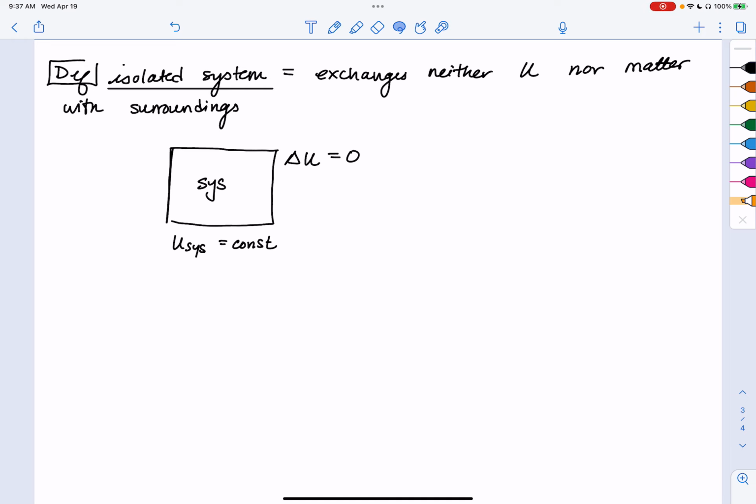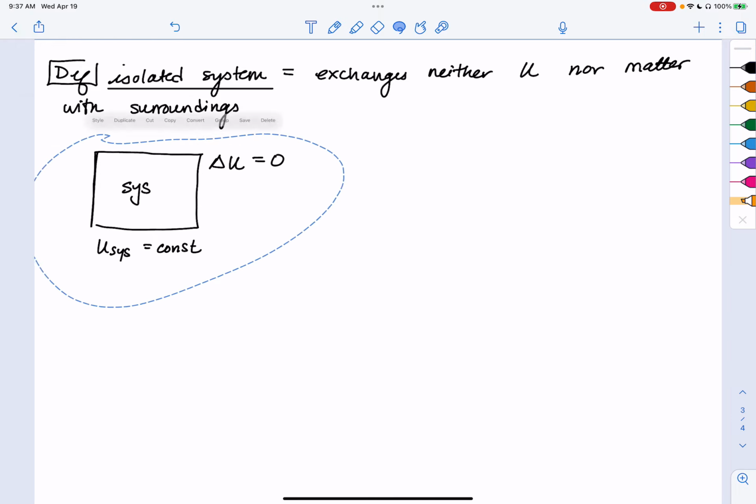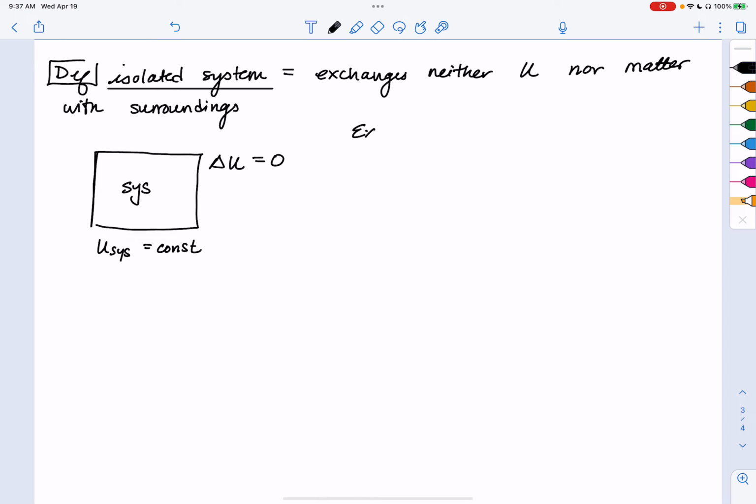Now, why are we talking about this and why do we care? Let's remind ourselves about how we calculate our total internal energy for a chemical system. The change in the total internal energy of some kind of chemical system is the sum of heat and work, assuming that there's some change in heat and some change in work. So this is why it's okay to add this delta in here now.